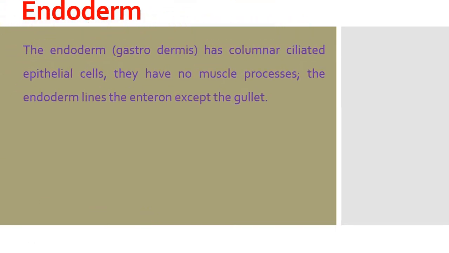Next is the endoderm. The endoderm, that is the gastrodermis, has columnar ciliated epithelial cells. They have no muscle processes. The endoderm lines the enteron except the gullet. The gastric filaments are covered with the endoderm and have a core of mesoglea.